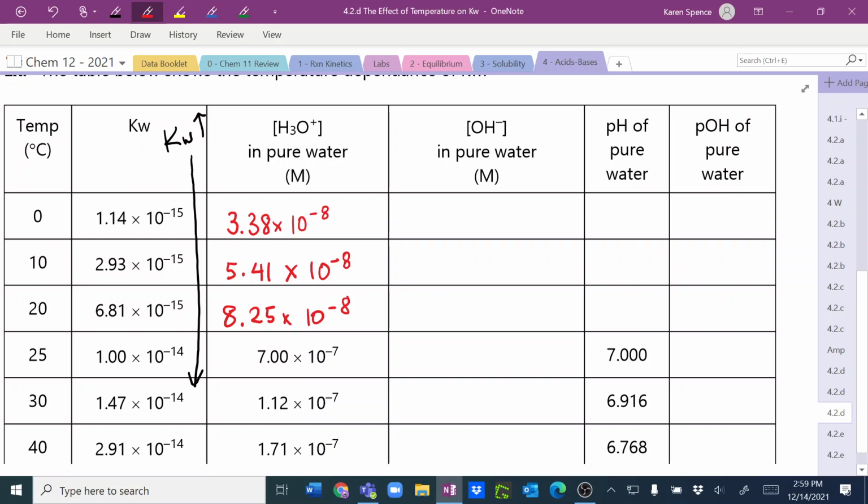Okay, I'm going to try for my pHs now. Did I get them right?